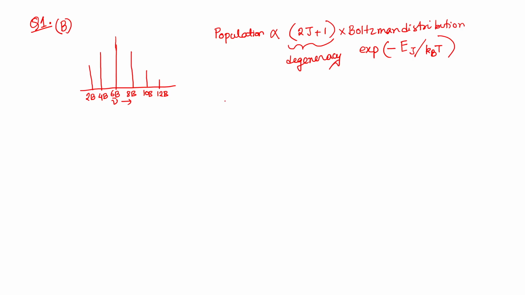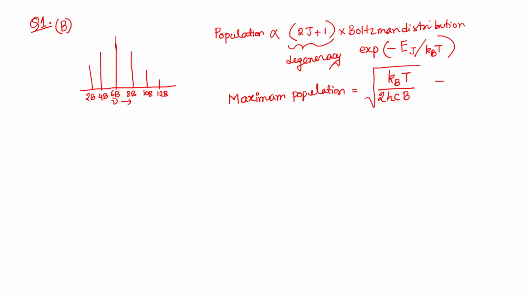And your formula for the maximum population, when you take a derivative, you are going to get root over kBT by 2hcB minus half.